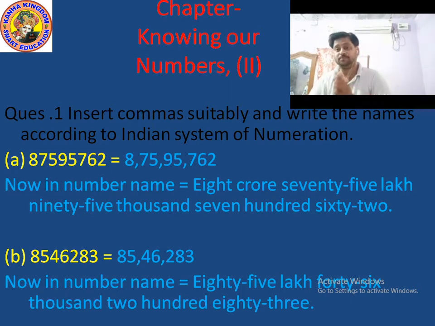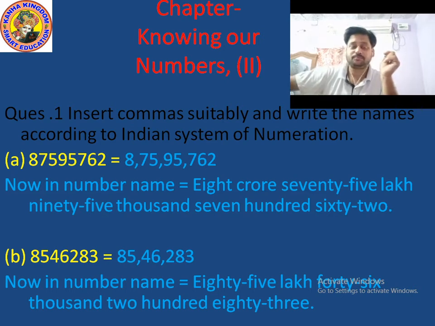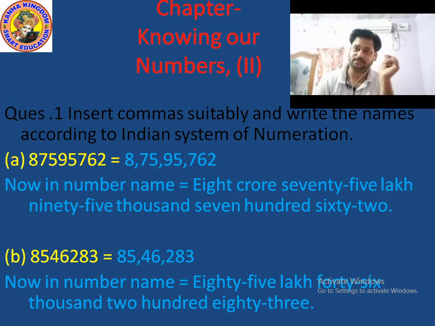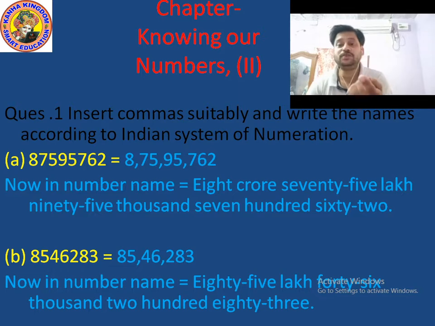Now the second part. The second part is 85 comma 46 comma 283. So in this part, there are only two commas, and just after the second comma, how many digits? Two digits. Okay, and just after the second comma, which period? Lakhs period.